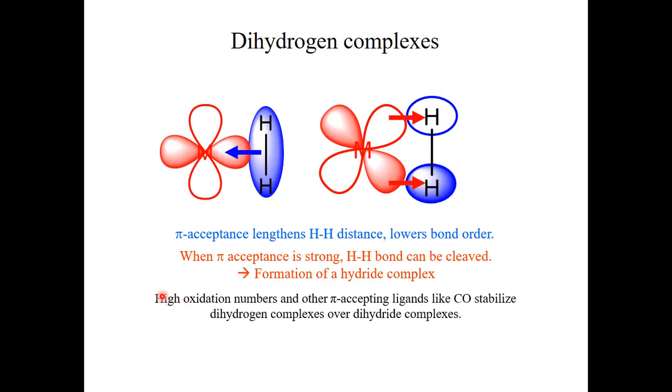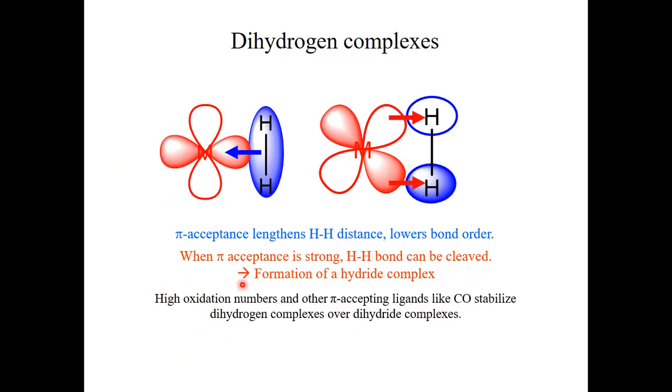So generally, when you have high oxidation numbers and other pi-accepting ligands, like for instance CO, then that stabilizes the dihydrogen complexes.